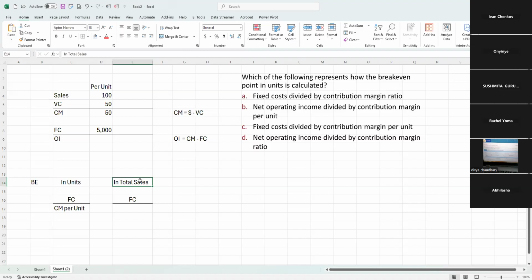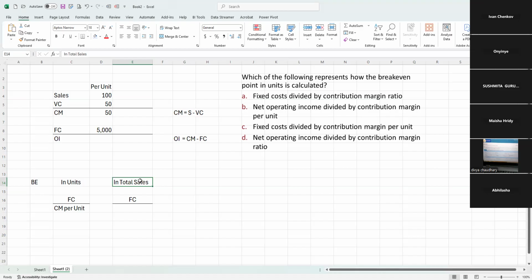No. Fixed plus variable cost, that will be a formula. But at the end of the formula, you say, okay, this is the number, but what will be the unit of measure that number is expressed in? It will be expressed as a dollar amount, correct? Make sense?